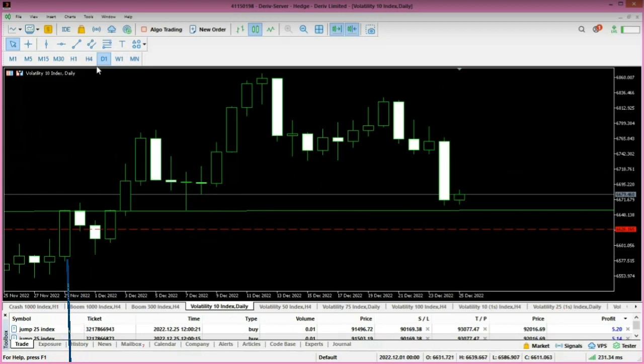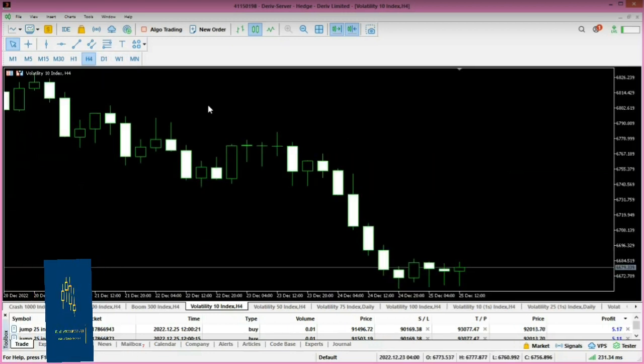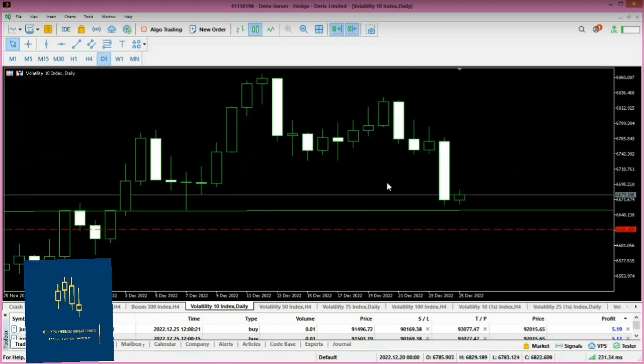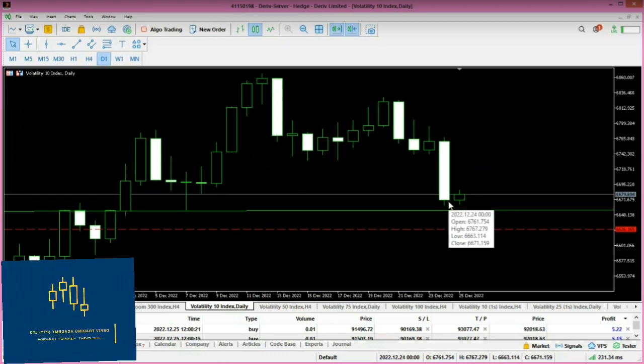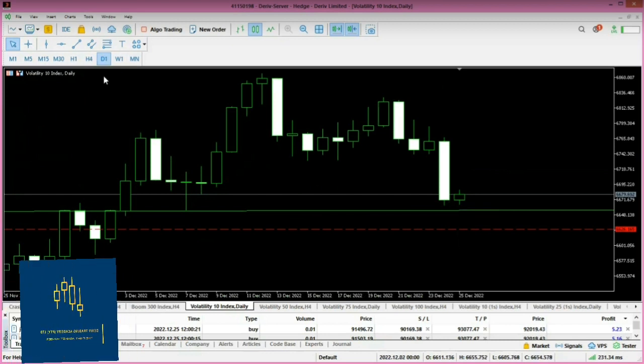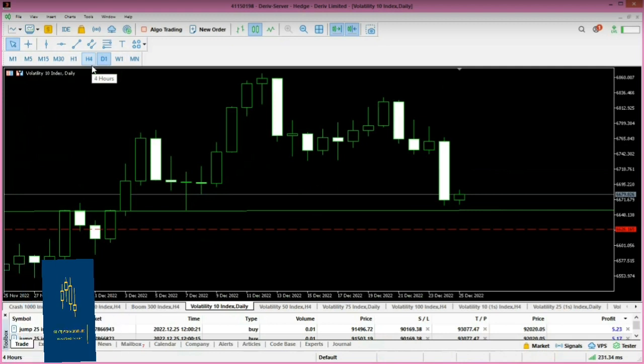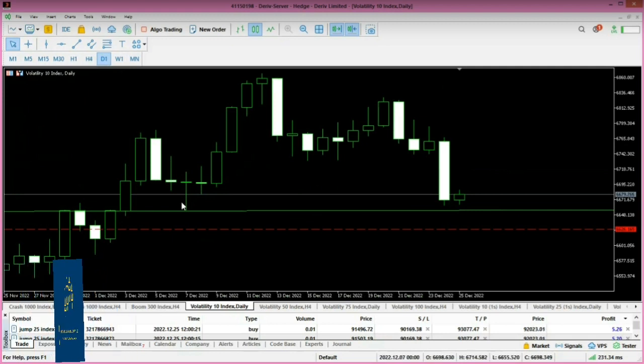Let us go down with our time frame, because as it is today, we are expecting a sell on this one, but only if our H4 time frame confirms with us, agrees or allows us to do so.